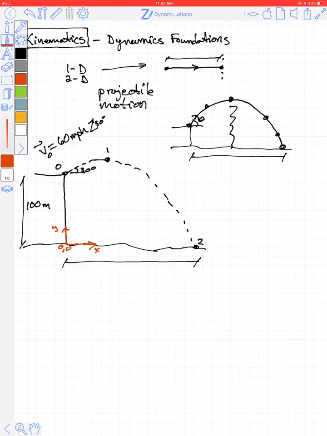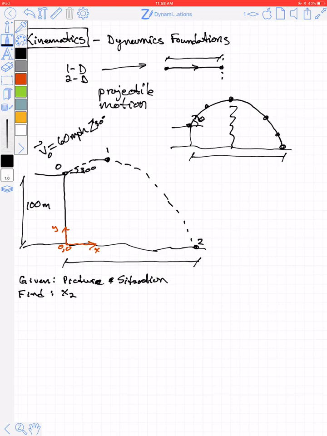The equations that we are going to use in our solution. So let me use a given find solution method. Given the picture and situation, and let's say that we are being asked to find x2.